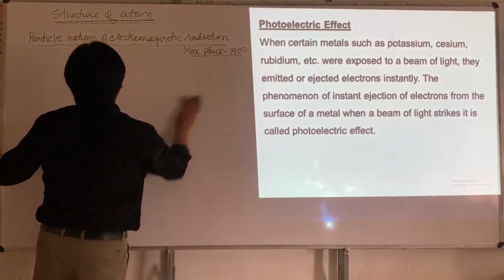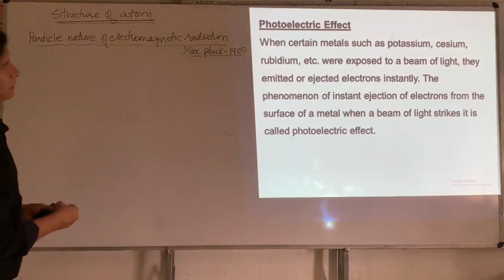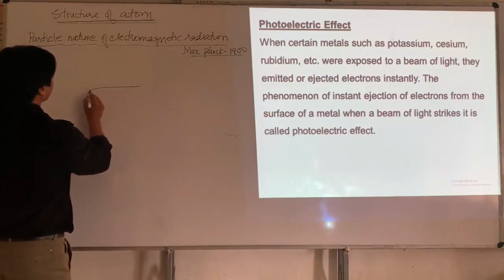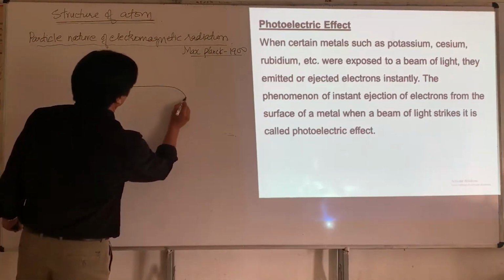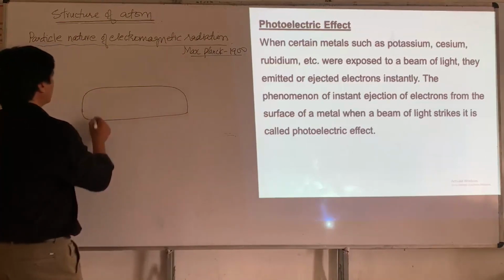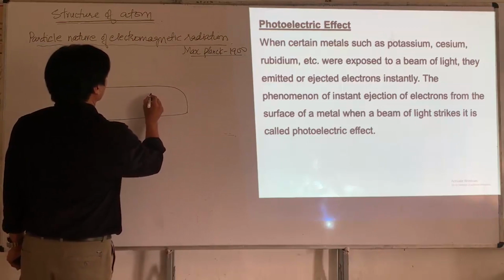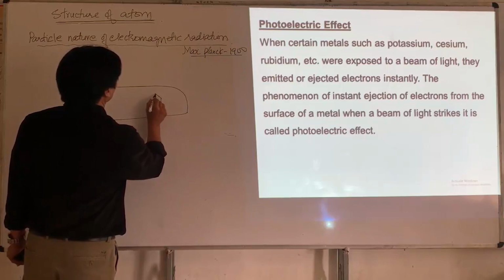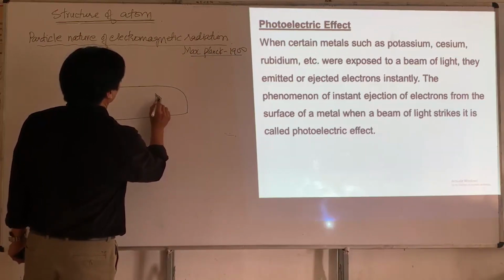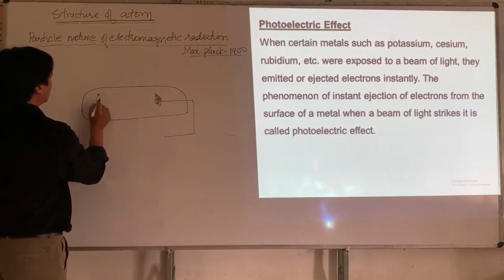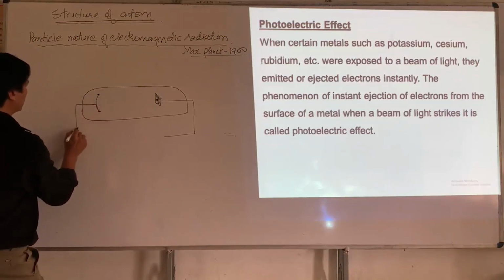As far as the photoelectric effect is concerned, you will see that there is a vacuum chamber like this. In the vacuum chamber, you have this metal kept here, and it is connected to a battery. You have your detector coming here, and the detector is connected to an ammeter.